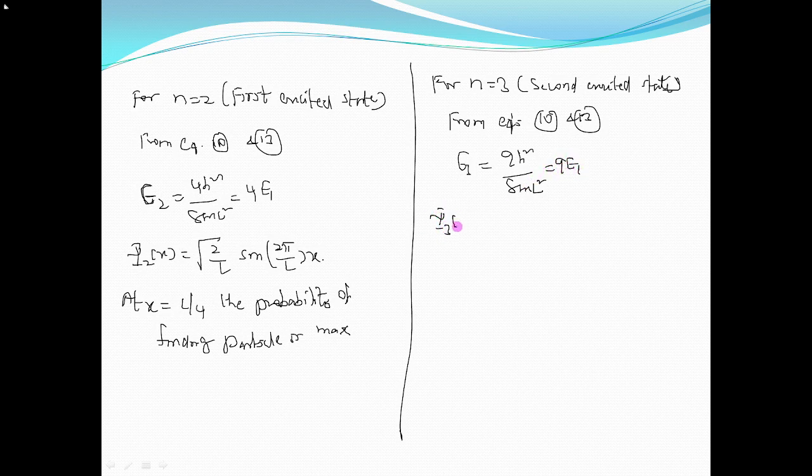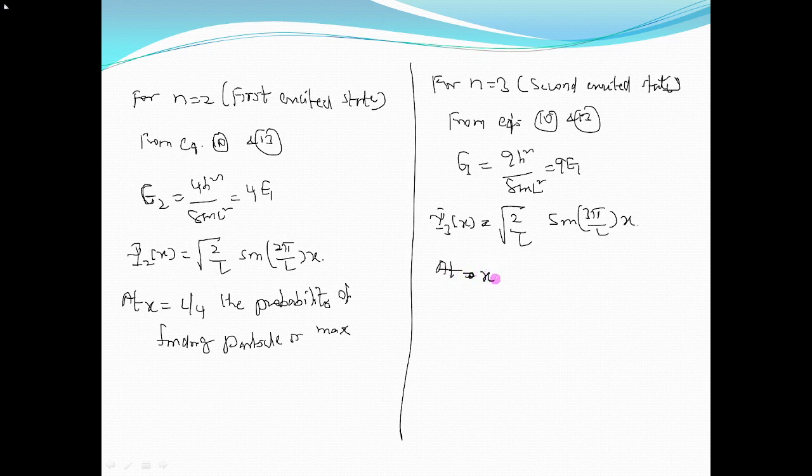Now the wave function becomes psi 3(x) is equal to root 2 by L sine 3 pi by L into x.